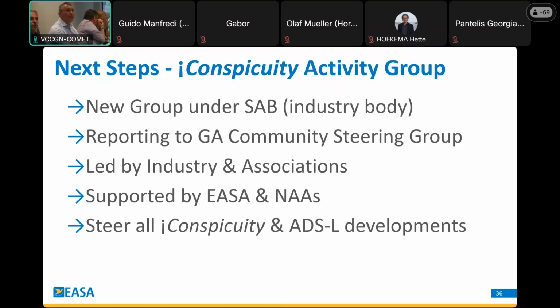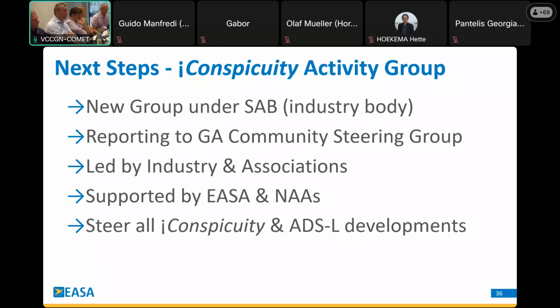But more importantly, this allows for open discussions and tackling the problems from all perspectives at one go. So we do not have a separate discussion on one topic between authorities and then between association and forming two different opinions, but rather we have hopefully one opinion of the group, both NAAs, EASA, all NAAs, EASA, and stakeholders.